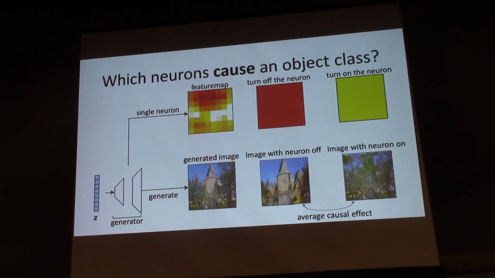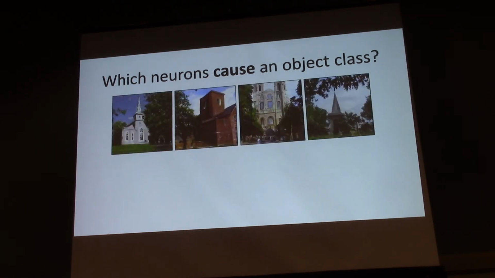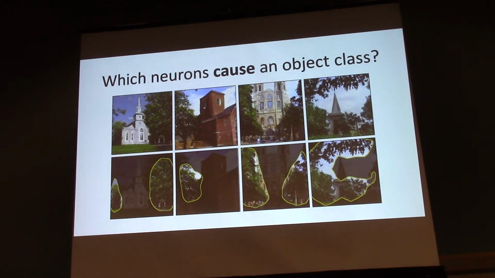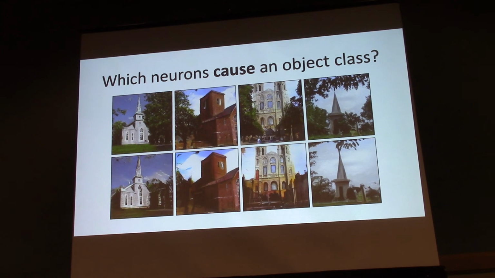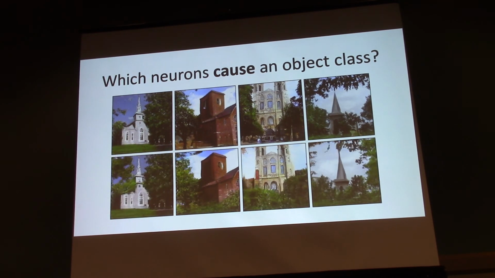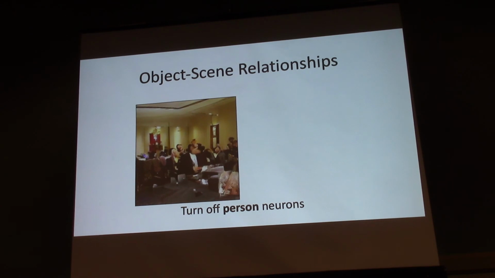Once we discover these causal neurons, they are not only correlated to tree concepts, but we can also simply remove trees by turning off all the tree neurons we discovered. You can also add trees at a particular location as you like. We can use this to study the relationship between objects and the scene.